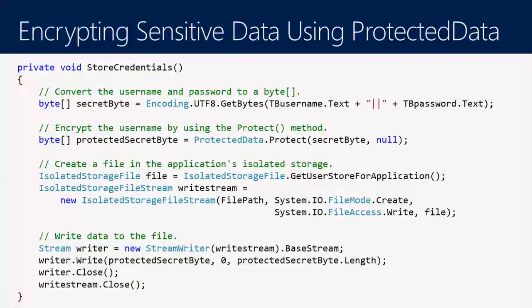So what that means is that anything you encrypt on that machine, and this works exactly the same on big Windows as well, can be decrypted on that same machine. But as soon as you take it off that machine, and you break open the RAM and the flash, and you manage to figure out where it is and extract it, it's going to be useless to you, because you will never find that key. So Protected Data is a safe way of storing stuff like credentials on the phone.